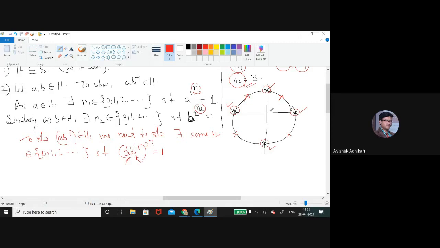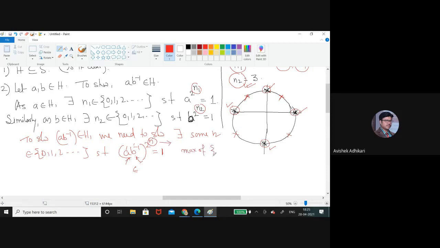And since the eighth roots of unity form a subgroup of S1, A B inverse is already within the eighth roots of unity. And if I consider the eighth root of unity to the power 2 to the n2, that means 3, then that will become 1.